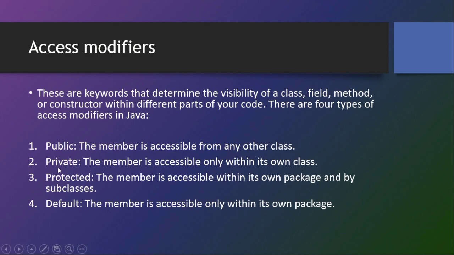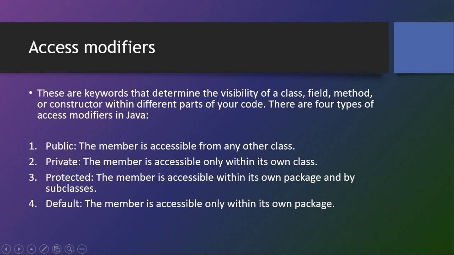And we have private, where the member is accessible only within its own class, and protected, where the member is accessible within its own package and by subclasses. So if it's a class, those values and attributes can only be accessed by that class and that class alone. And then we have the default, which means the member is accessible only within its own package.